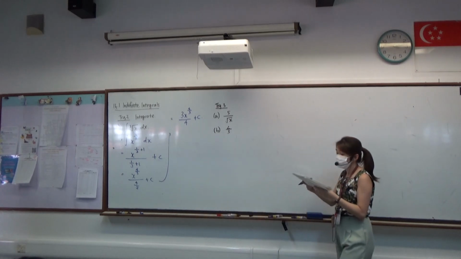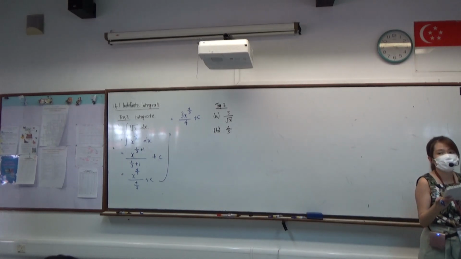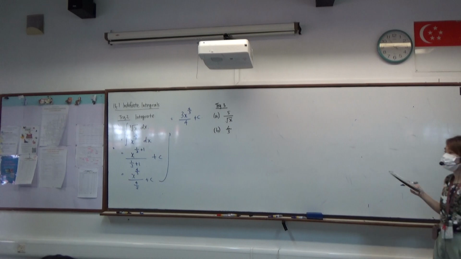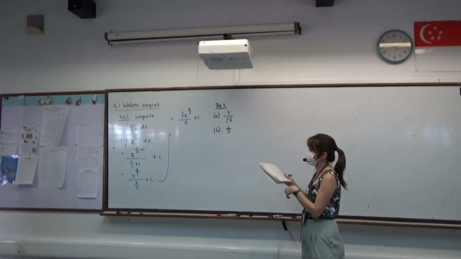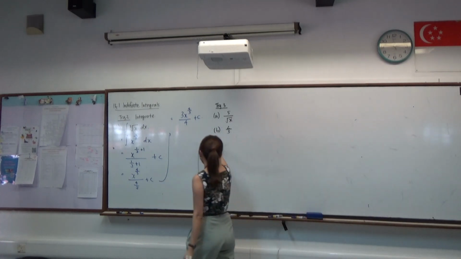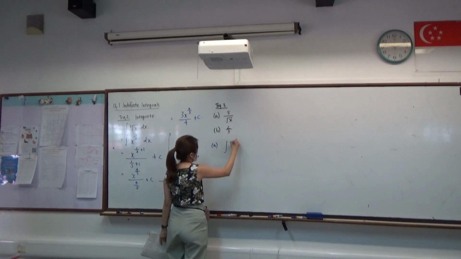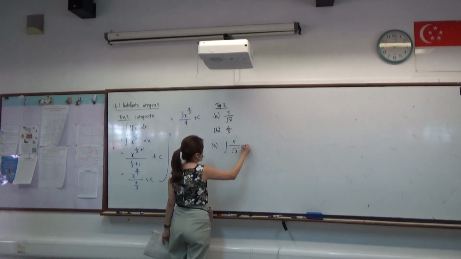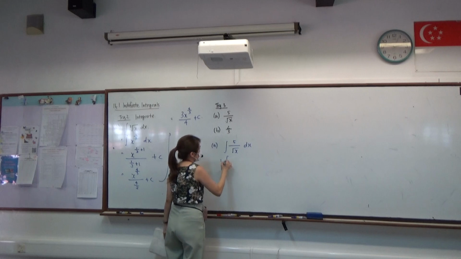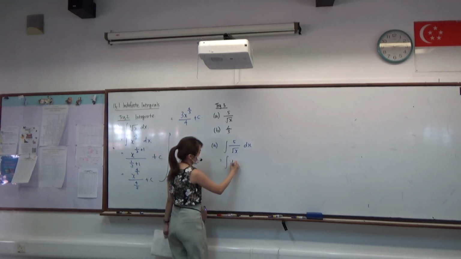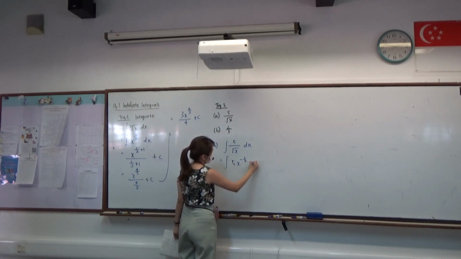Next, we look at trying to integrate 5 over square root x. So something slightly different. We now have some constant numbers in this case. So in part A, if I want to integrate 5 over square root x, I can rewrite this as 5 times x to the power negative half dx.